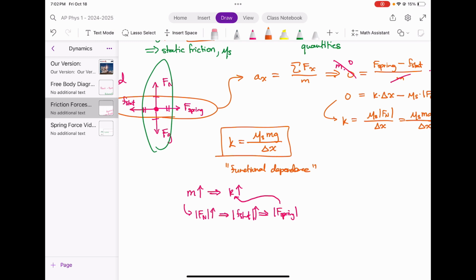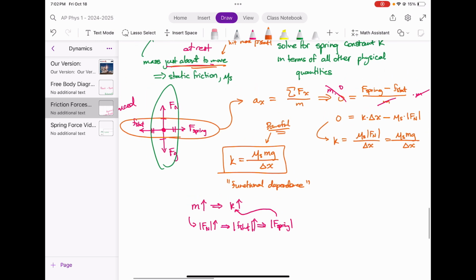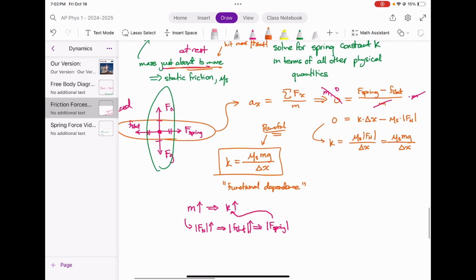Back when I was at Georgia Tech, my professors would actually do this all the time, and it would really frustrate me. And I actually didn't have an appreciation for it until like a year later. But this is actually a much more powerful way to solve physics problems. Because if you get one of the numbers wrong, all you have to do is change the number that you plugged in wrong. You have a formula and you just plug in the correct number, right?